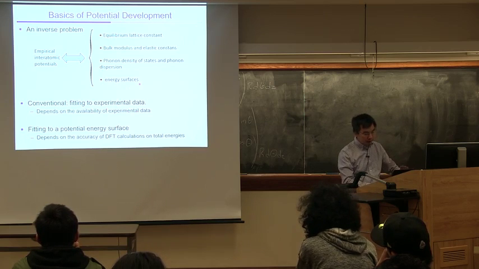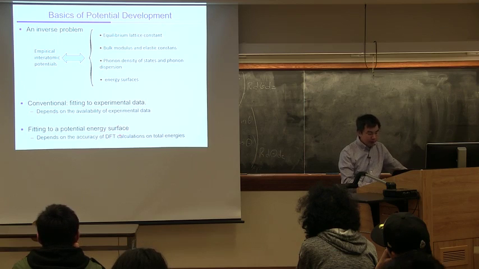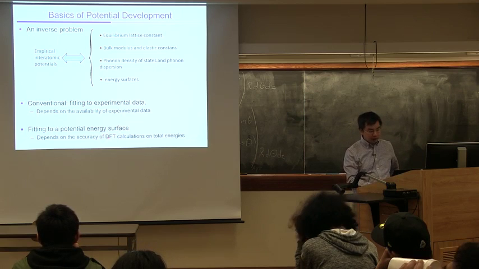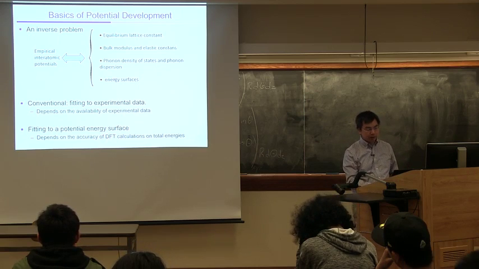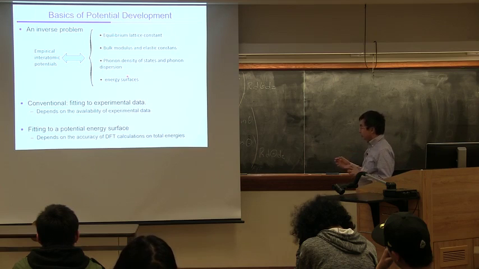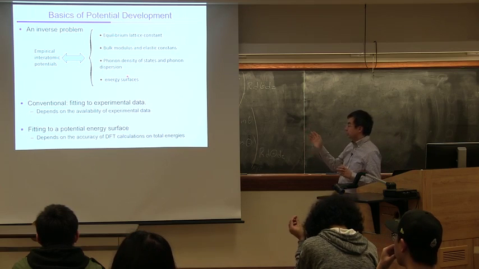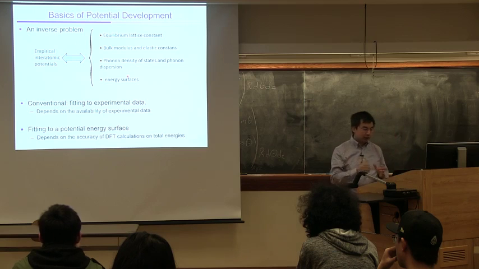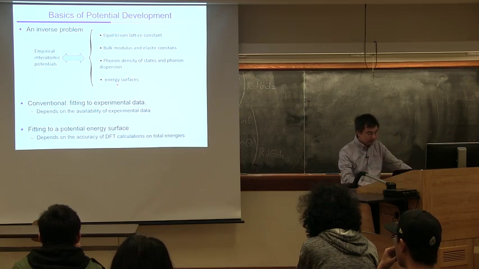Okay, now with the developments of the DFT calculations as well as more powerful computers, we can generate the energy surface easily. Energy surface, again, remember, is the energy corresponding to one specific configuration. So energy surface means that we have many configurations, we have many energies. That kind of database is the energy surface. All right.